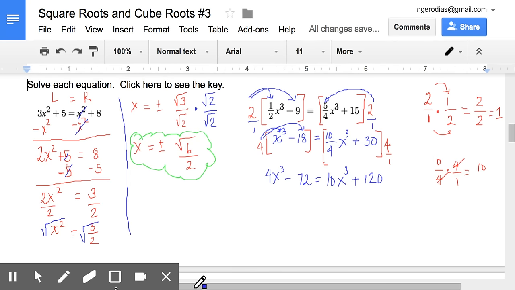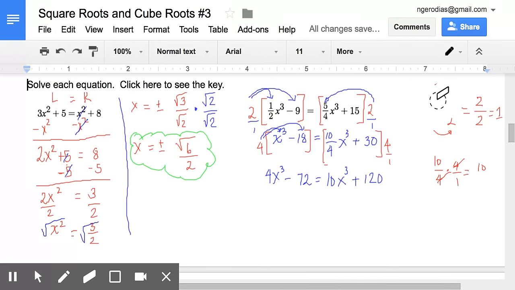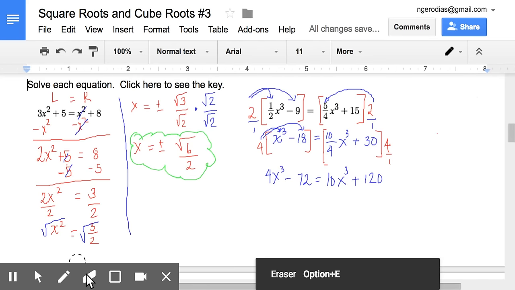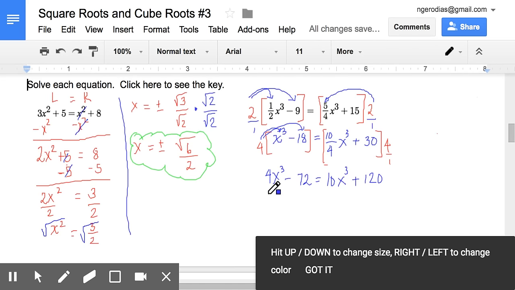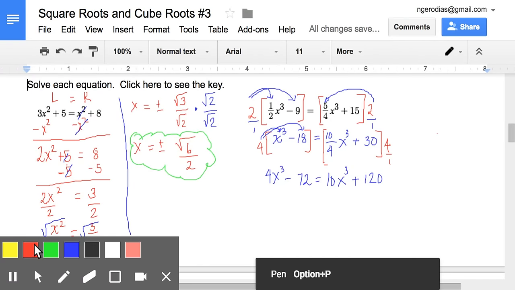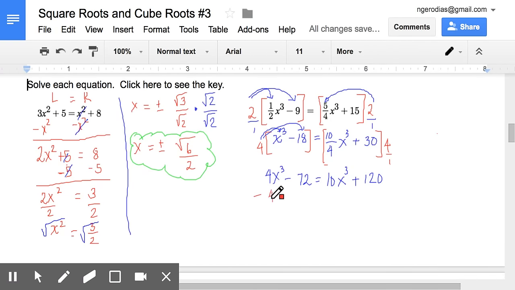We just need to isolate the x cubed and separate it from the constant terms. So, okay, to do that, I'm going to start off with taking away 4x cubed. I'm going to take 4x cubed from both sides.